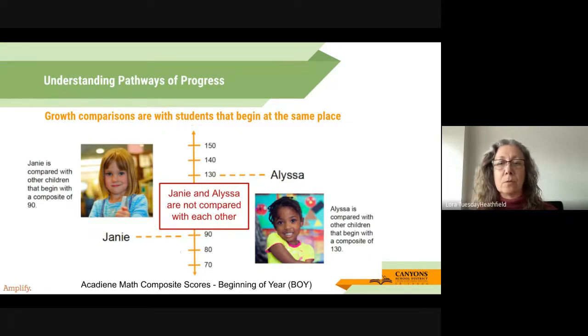Alyssa has a composite score of 130. They're never compared with each other. Janie at 90 is only compared with other students who scored a 90 at the beginning of the year. And same for Alyssa. She would only be compared with other students that scored a composite of 130 at the beginning of the year, so that they're equated at the start, and it's similar to student growth percentiles.